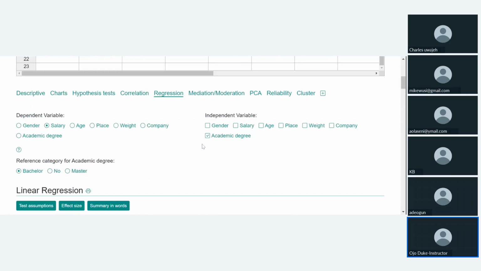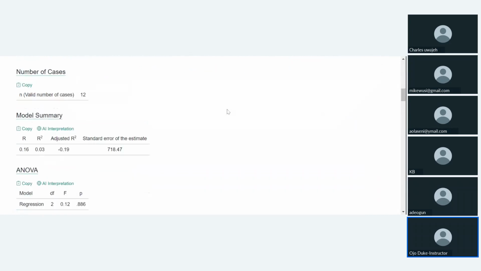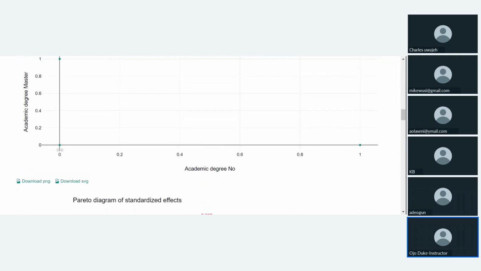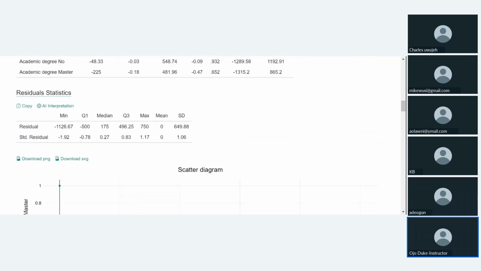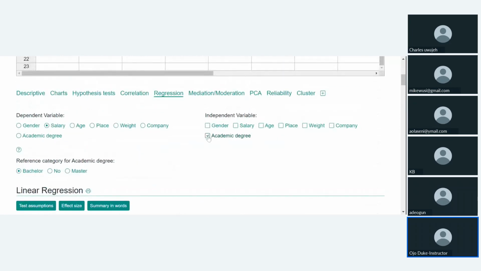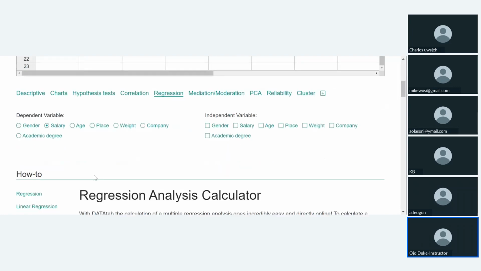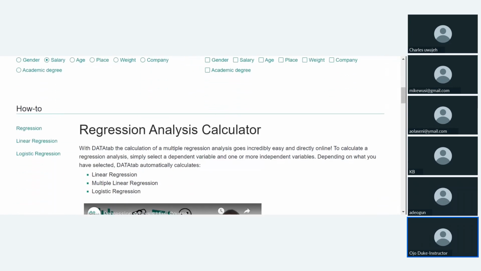Oops, sorry. So we have the salary comparing with the academic degree. I think there's a mistake there, I didn't choose the right thing. Just a moment, please.